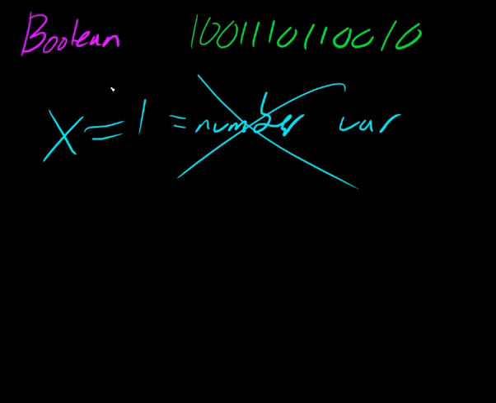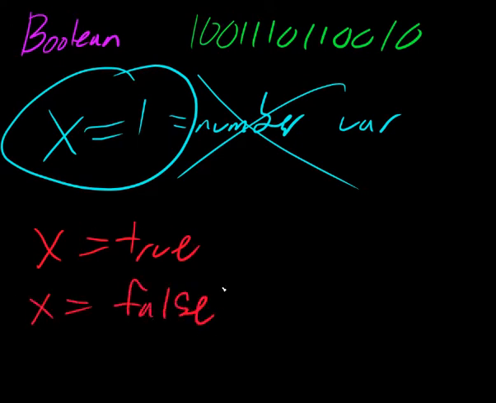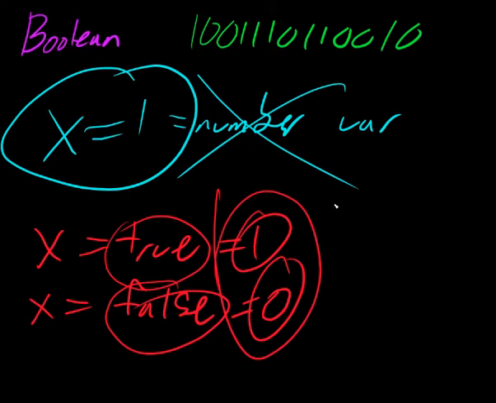So just to give Roblox an easier time understanding what this is, we just need to write it as x is equal to true or x is equal to false. This is equal to 1, this is equal to 0. You can just picture it in your head, and the computer would read this as 1 and this as 0. But you can't write 1 or 0 because Roblox will think that this is a number. Even though it isn't, it is binary. Just binary.